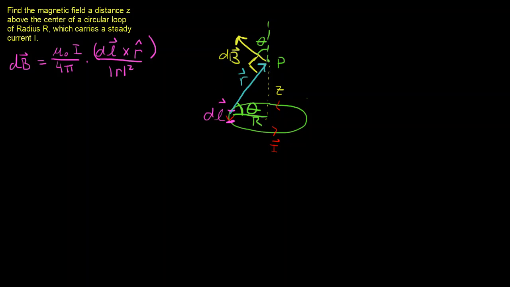Now, this makes our problem very easy, because in order to take the vertical component, we just note that dB here is the hypotenuse of a triangle, and this vertical component is the adjacent side to theta. So all we have to do to take the vertical component is multiply dB by cosine theta. And now we just have the vertical component.